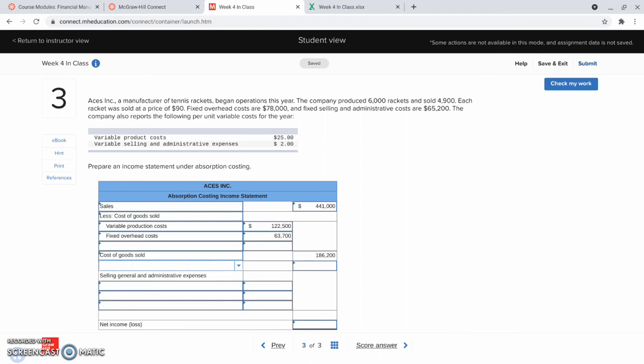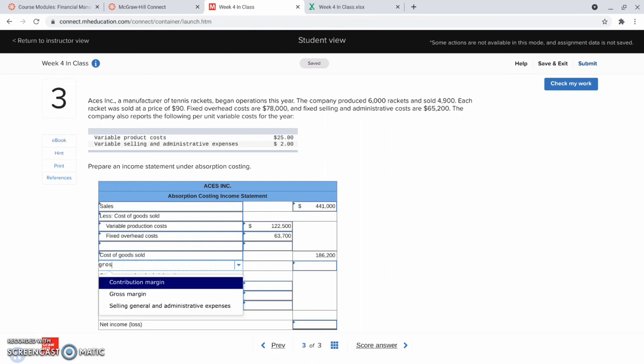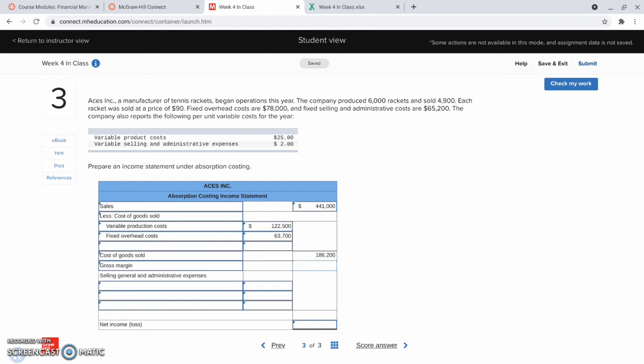That gives us our cost of goods sold of 186,200. That gives us our gross margin of 254,800. You'll notice that it's the same expenses, just in a different order.